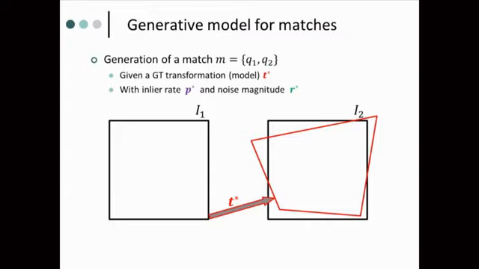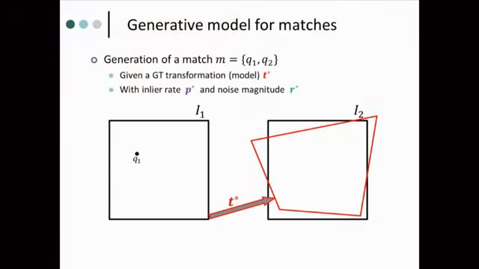How do we generate a single match M, which is a pair of points? In the background, we have the ground truth transformation T star, and we have some Inlier rate P star, and we're also working with an amount of noise R star, which we allow the Inlier matches to suffer from. So the Inlier matches also have some amount of noise, which has a magnitude of R star.